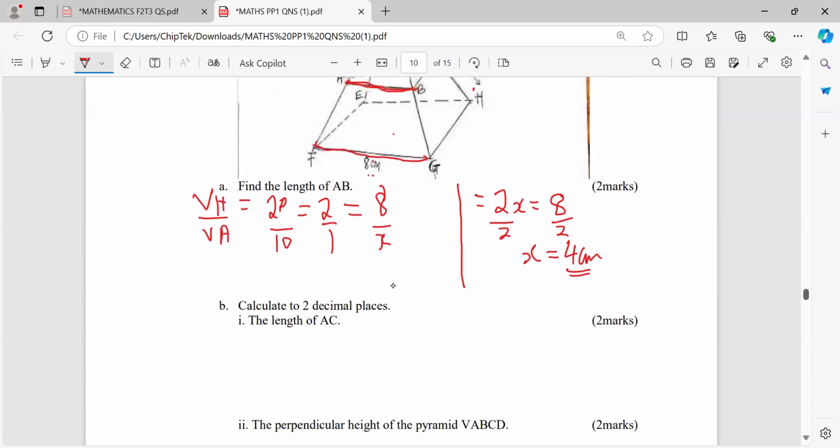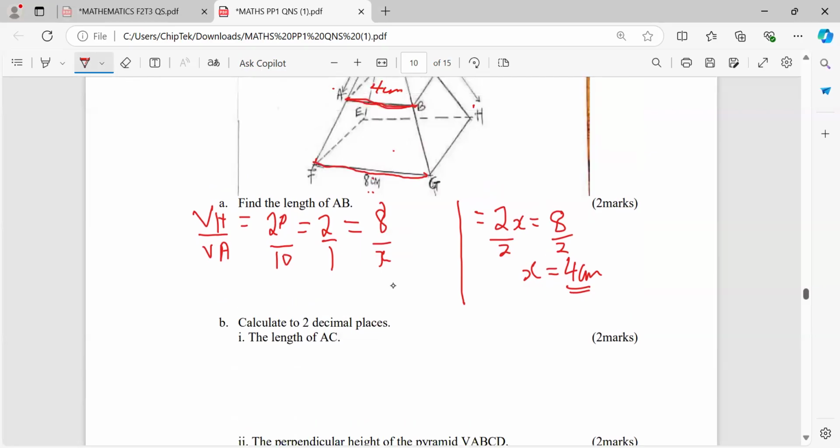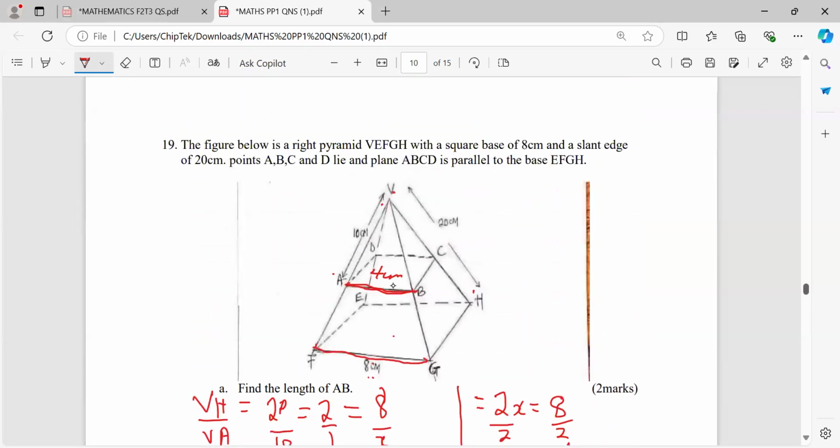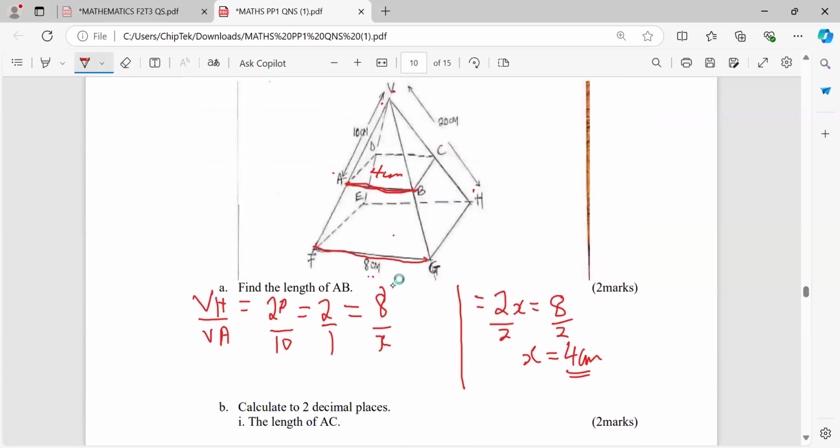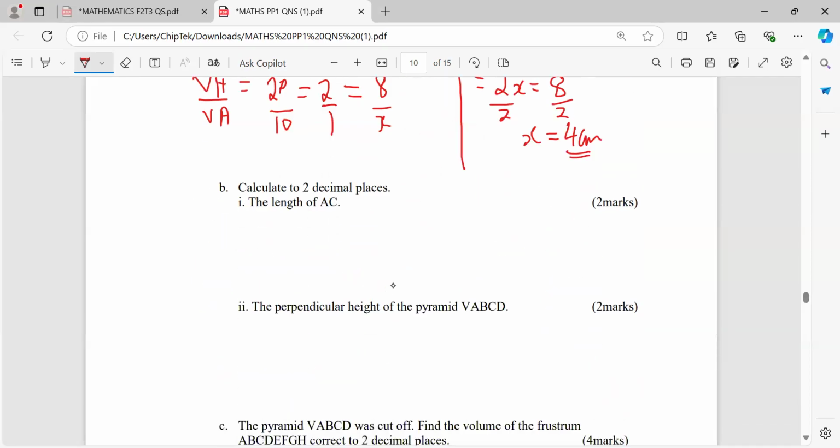So umeambiwa the other question, calculate to 2 decimal places the length AC. Right. The length AC ni, yeah. So tunaambiwa tafuta hiyo length AC. So tayari wajua hii ni right angle triangle. So hapa ni 4, hapa 4. AC is the hypotenuse. So tutatumia A squared plus B squared. Okay. So what you do?